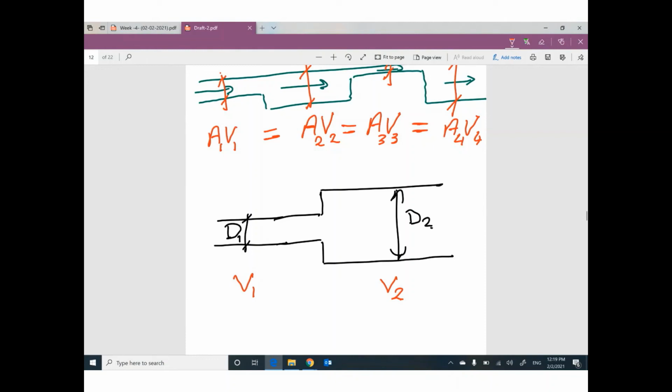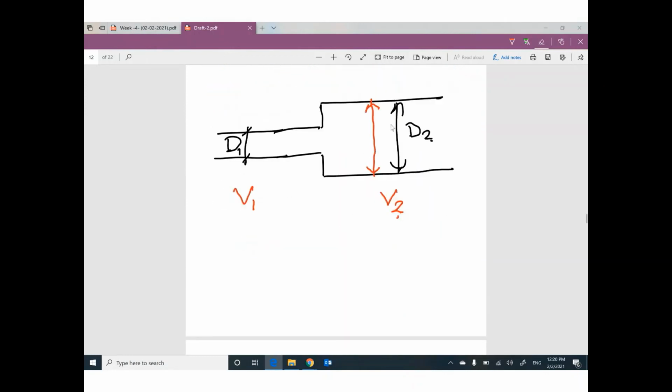Anybody can tell me, when the diameter becomes bigger, do you think the velocity will be bigger or slower? What do you think? Logically, I believe it will be slower.